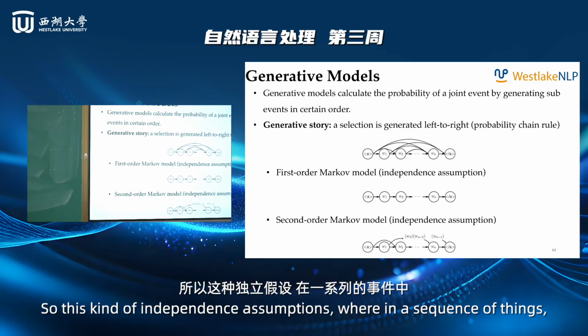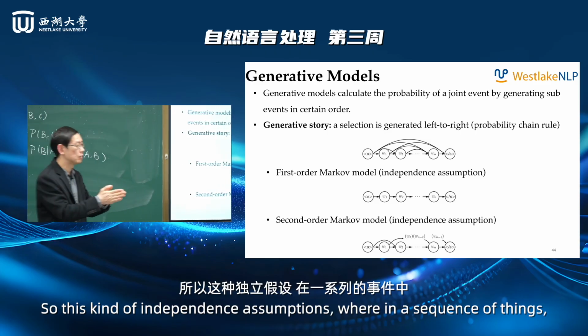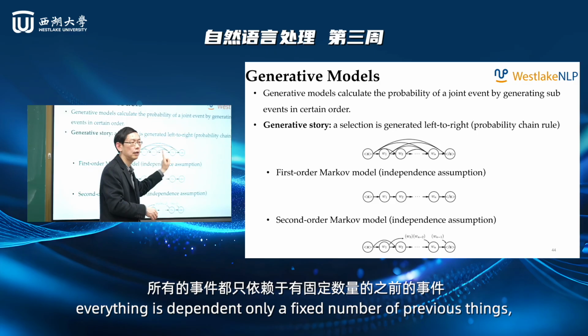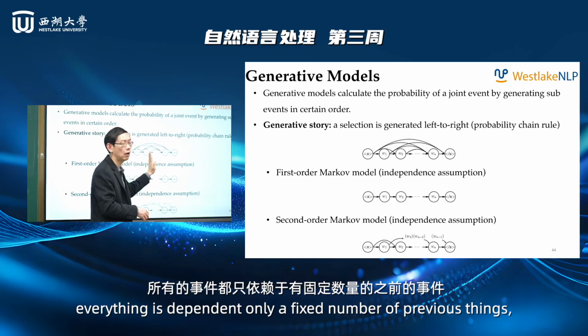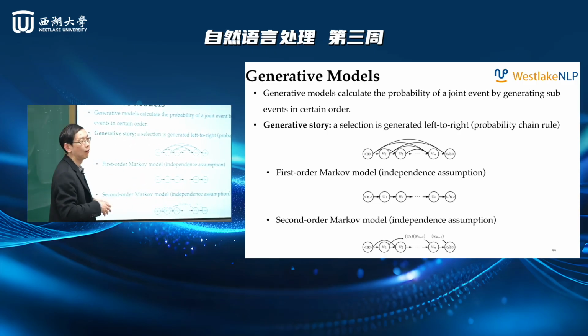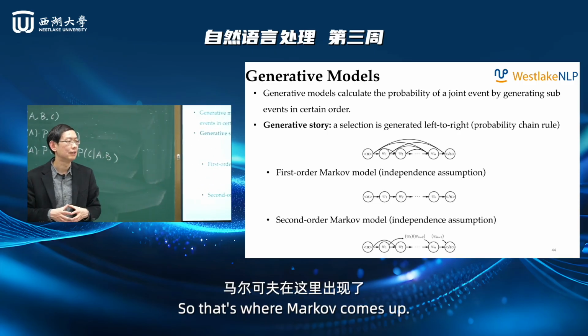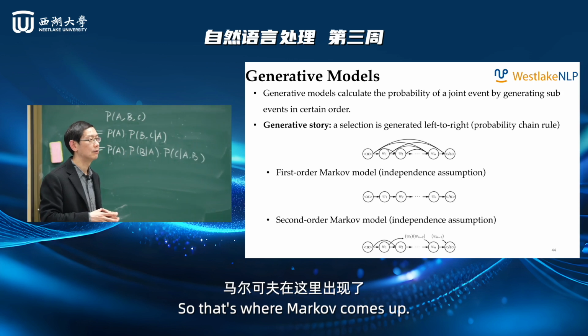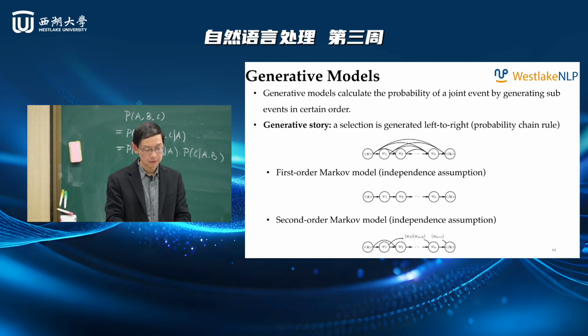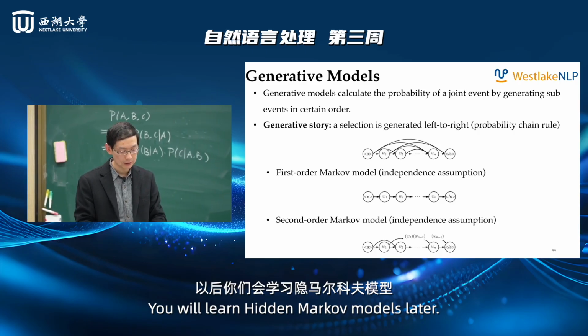This kind of independence assumption, where in a sequence of things, everything depends on only a fixed number of previous things, is called the Markov assumption. So that's where Markov comes from, right? You will learn hidden Markov models later.